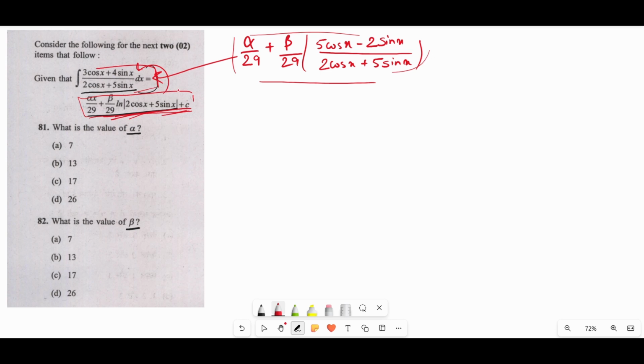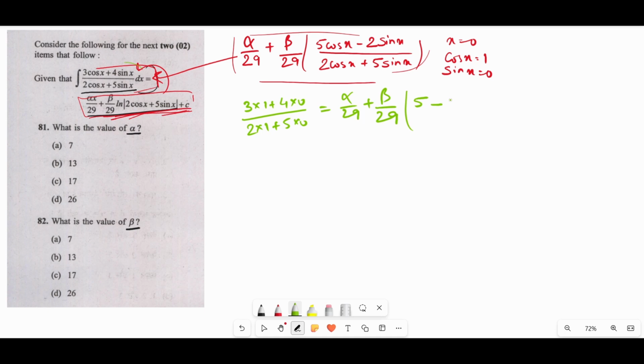So how we'll use this here is, let's say x is equal to 0. That means cos x will be 1 and sin x will be 0. So once you put this value here, we get (3 into 1 plus 4 into 0) by (2 into 1 plus 5 into 0) is equal to, same when we put this value here, we get alpha by 29 plus beta by 29 into (5 minus 0) by (2 plus 0).